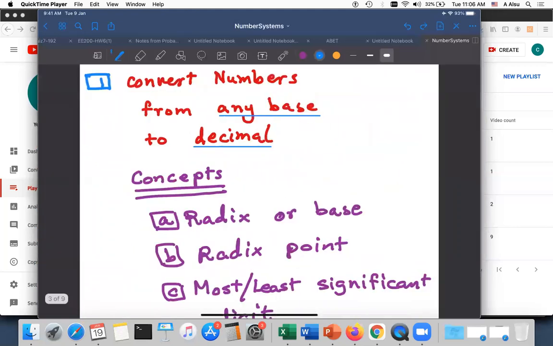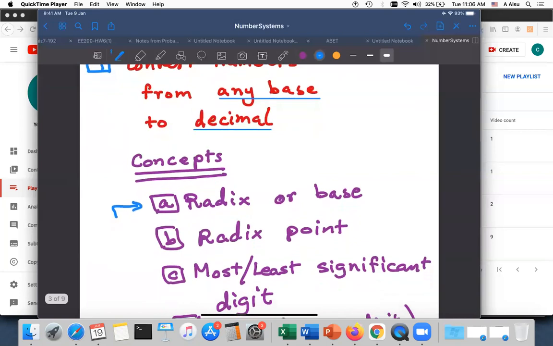But before that, we have to introduce some concepts before we are able to convert numbers from any base to decimal. The first concept that we would like to introduce is the radix or the base.